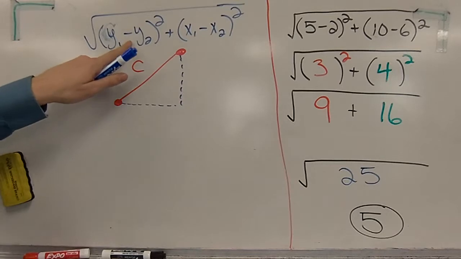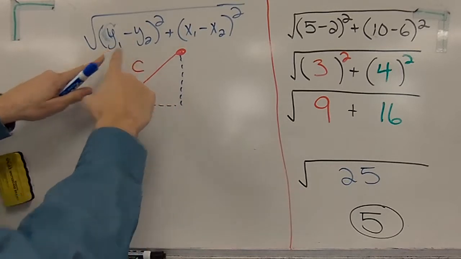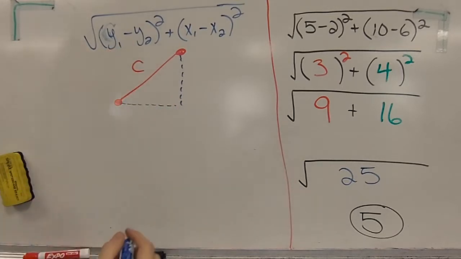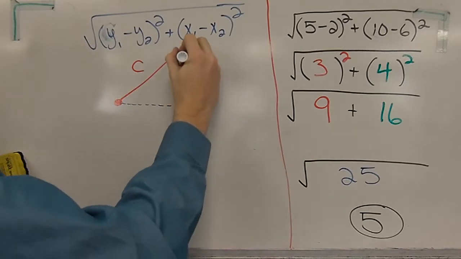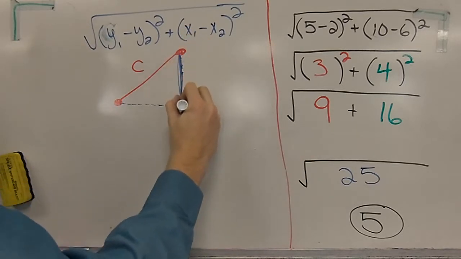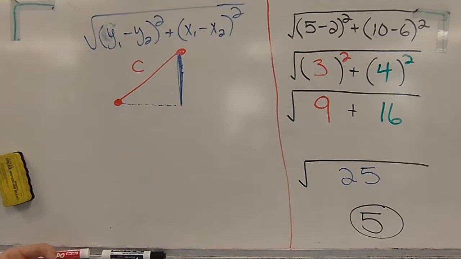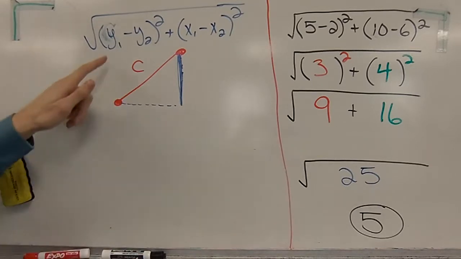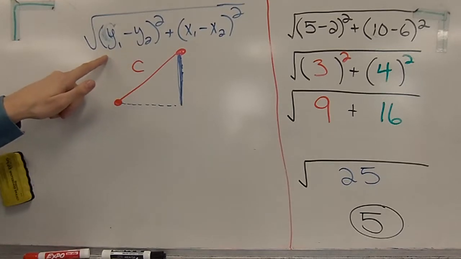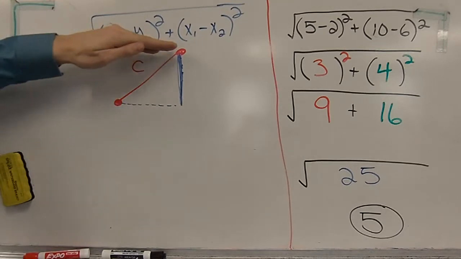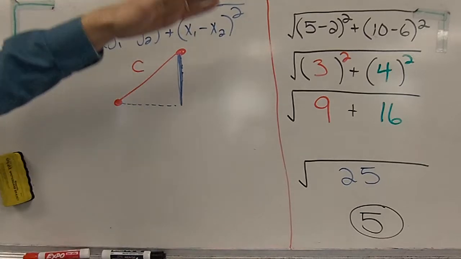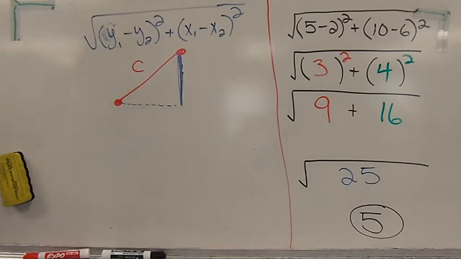When I subtract my 2 y coordinates, what that finds me is this leg right here. It tells me how long this leg is, because when you subtract 2 things, you find out what's between them. The y coordinates represent where these points lie on the vertical scale of the coordinate plane.